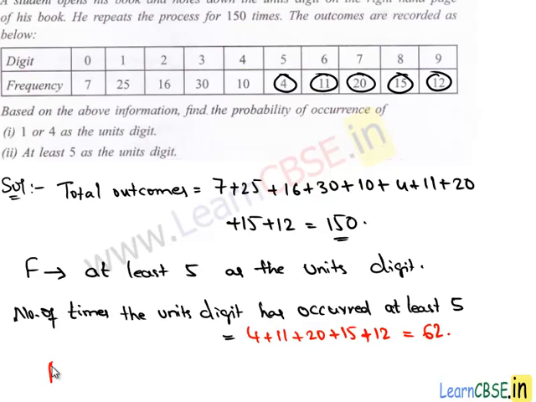Therefore, according to the definition of probability, the occurrence of at least 5 as unit digit is the total number of favorable cases to event F, which is 62, to the total number of trials, that is 150.